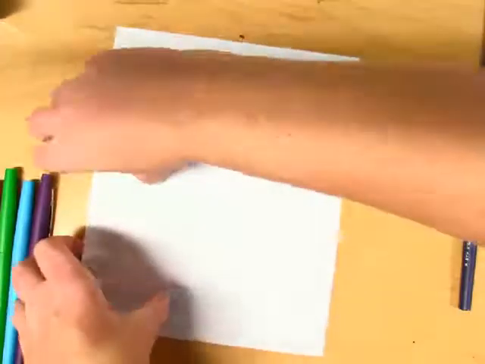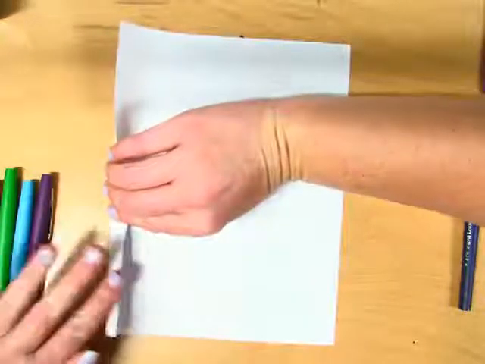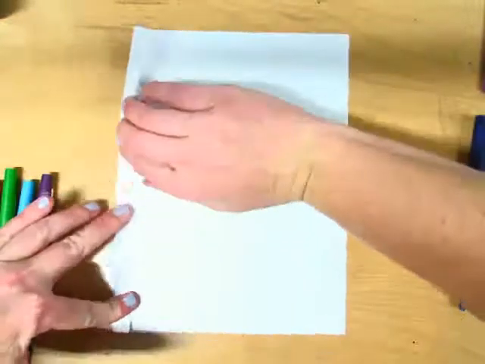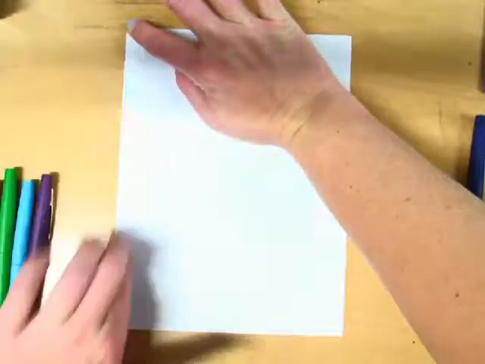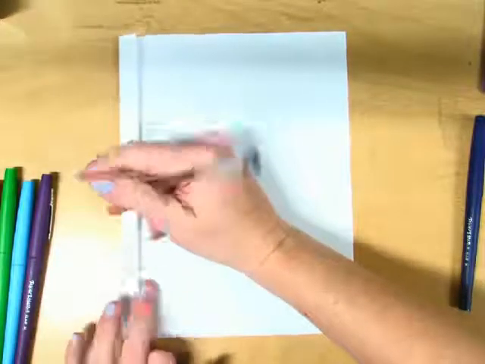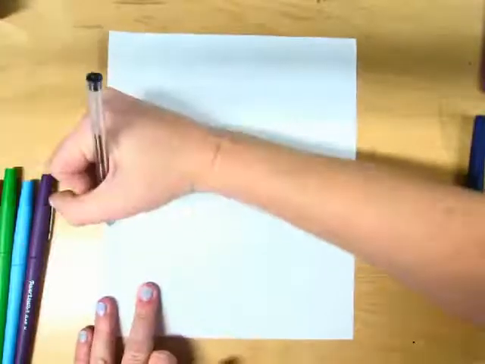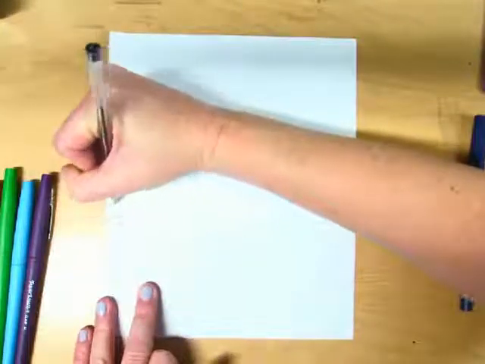So I'm going to fold myself a little tab right here, very small one. And if you want to, you can write glue on there so we know that's just the boundary, so you're not going to write on that part right there.